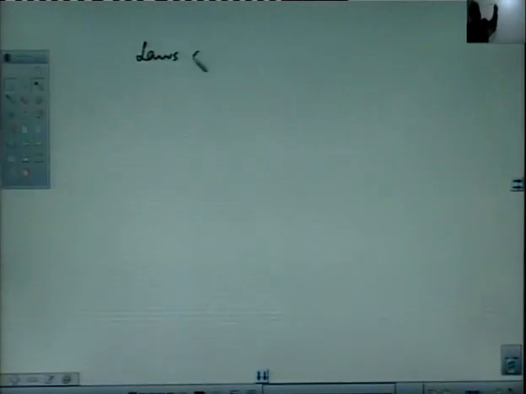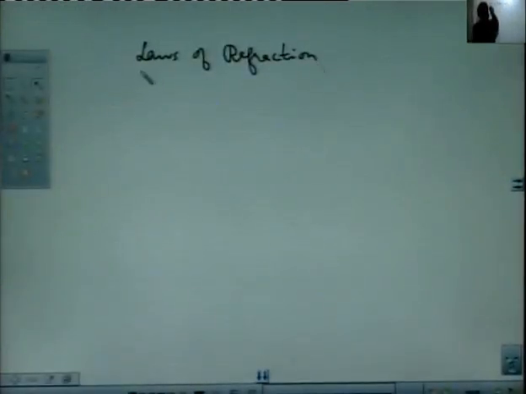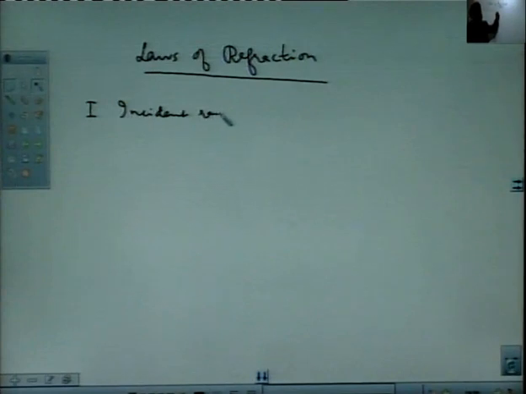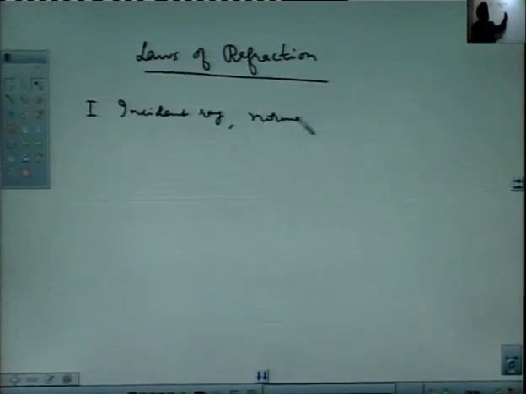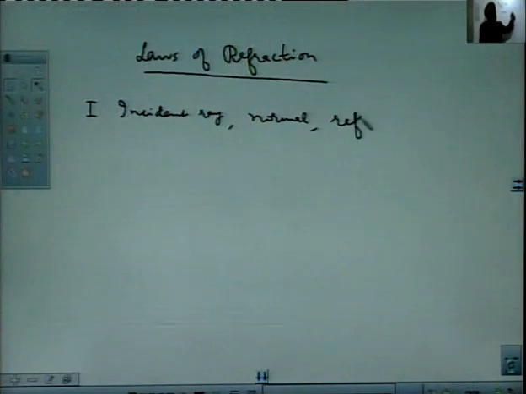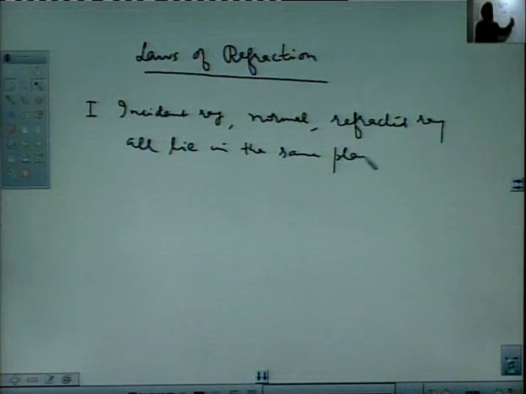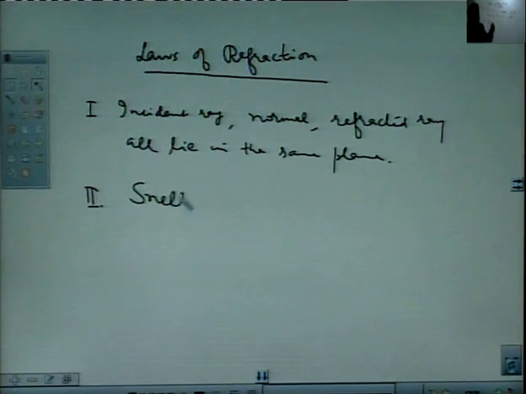Now we have laws of refraction. First, the incident ray, normal at the point of incidence, and refracted ray all lie in the same plane. And the second law is very important, which is called Snell's law.